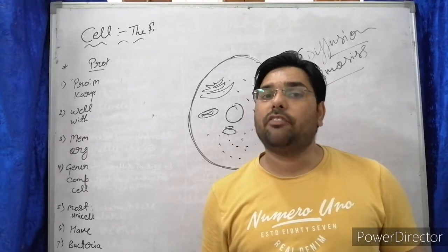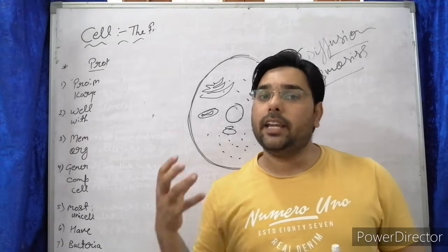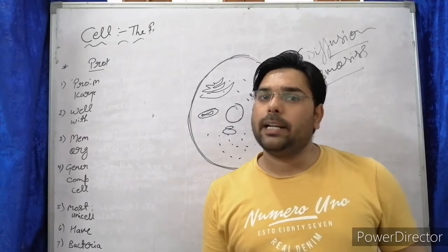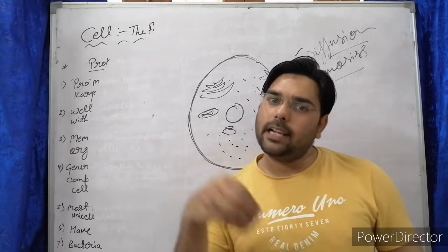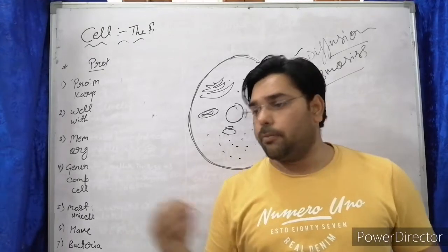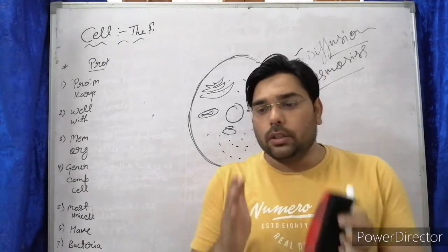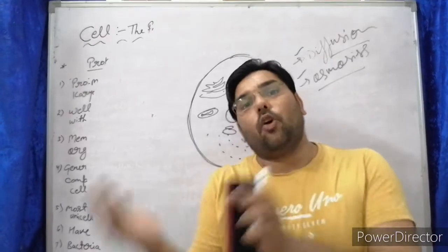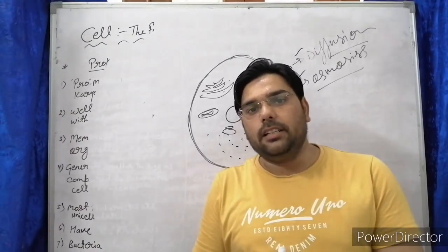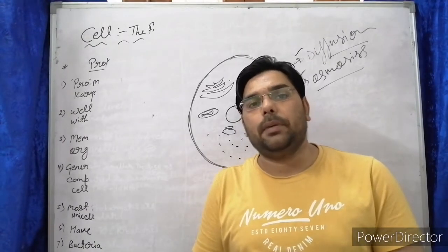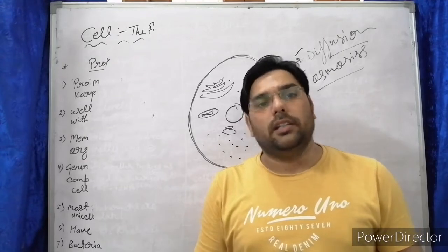The concentration of carbon dioxide is higher in the blood capillary, so the carbon dioxide diffuses from the blood capillary to the alveolar sac. So the movement of substance according to the concentration gradient without a semi-permeable membrane is called diffusion.